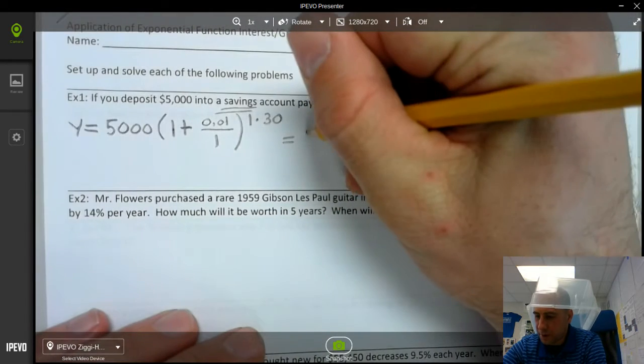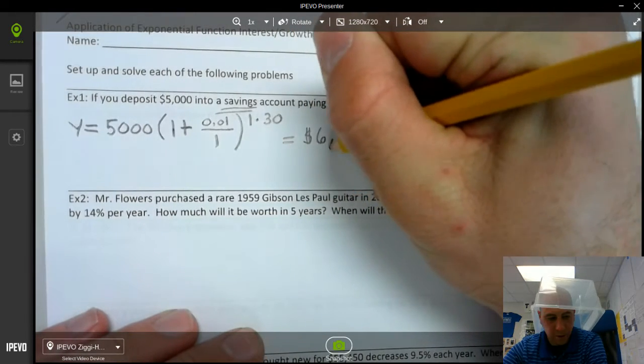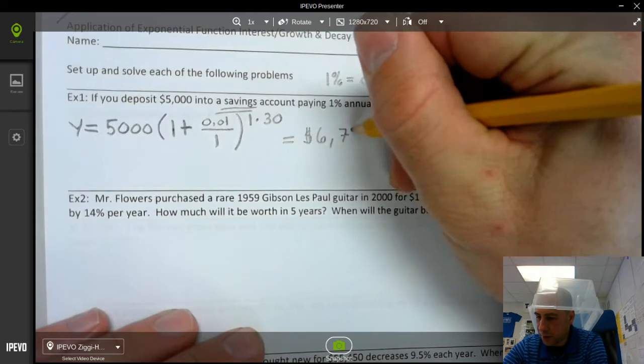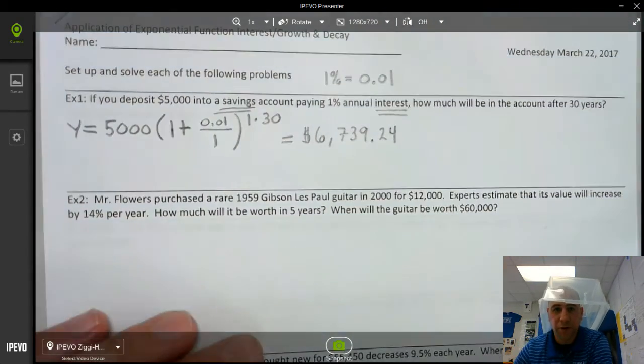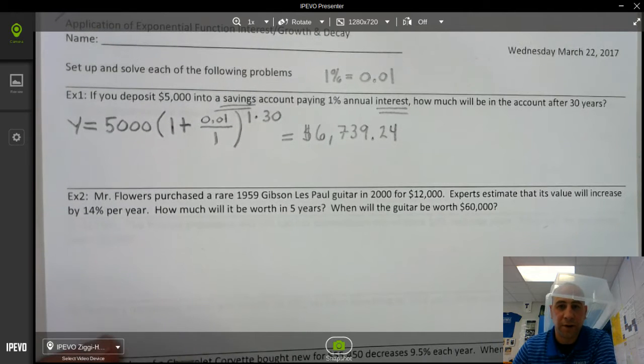So that's $6,739.24. Whenever you're solving a word problem, you always write your conclusion as a sentence.